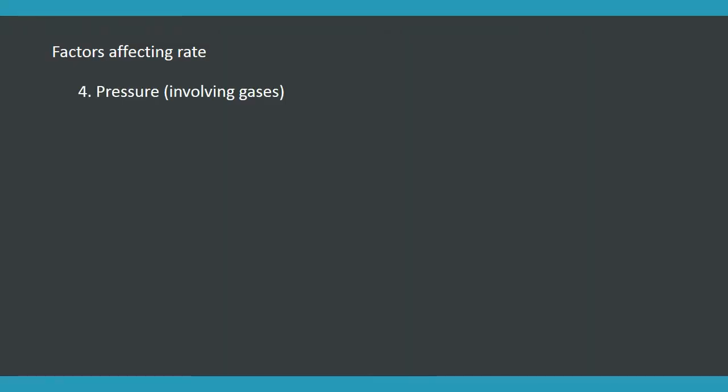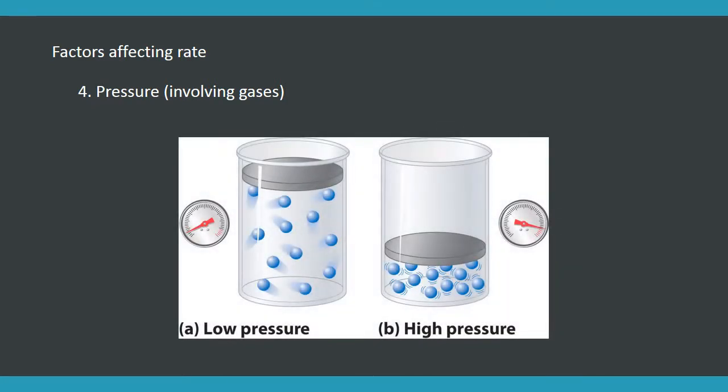Next, looking at pressure. And pressures involve gases. So if we're going to increase our pressure, and that's what this diagram is showing, that by pushing down this lid, we're increasing pressure, right? Well, that means the atoms have less space to move around.